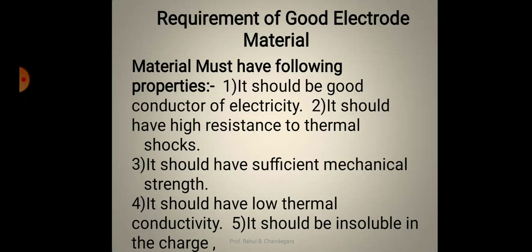Requirement of a good electrode material: the material must have the following properties. It should be a good conductor of electricity, have high resistance to thermal shocks, have sufficient mechanical strength so it will not bend, have low thermal conductivity, and be insoluble in the charge.